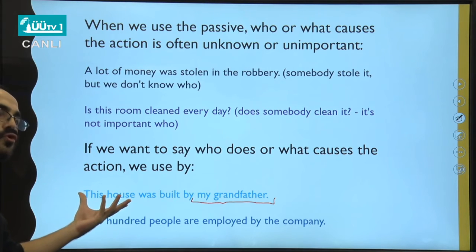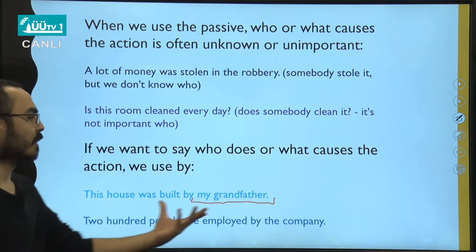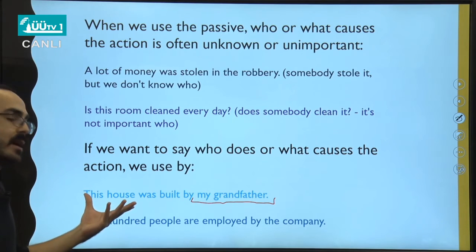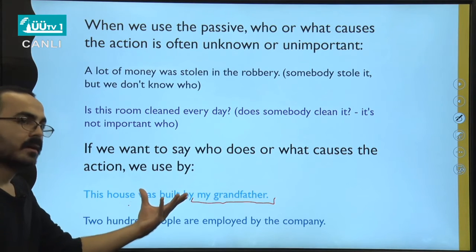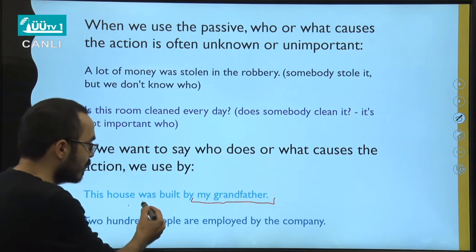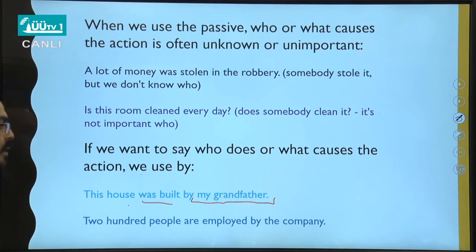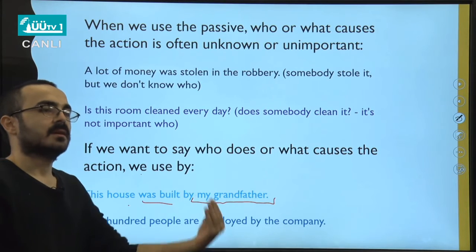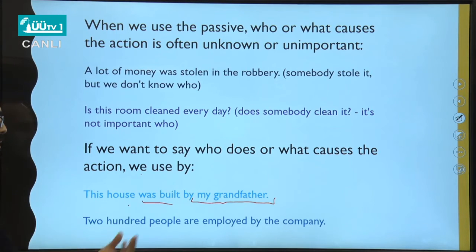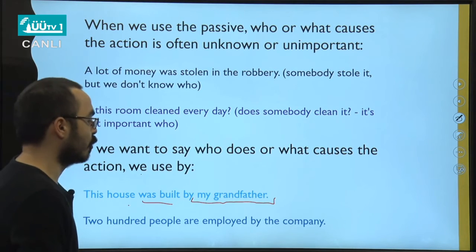This house, object, right? And be plus verb 3, which in the past tense is was plus verb 3, was built, right? Good. 200 people are employed by the company.